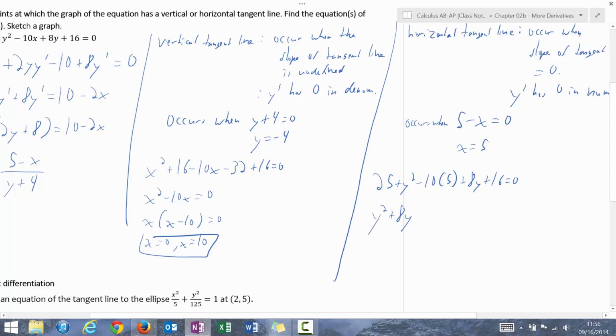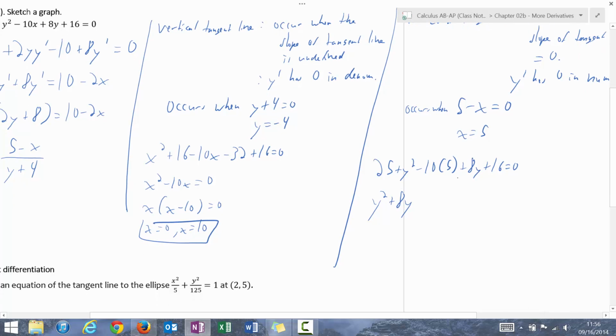That's going to be 25 minus 50, so negative 25, plus 16 is negative 9 equals 0. And that will factor into y plus 9 and y minus 1. And I have y equals negative 9 and y equals 1 as my horizontal lines.